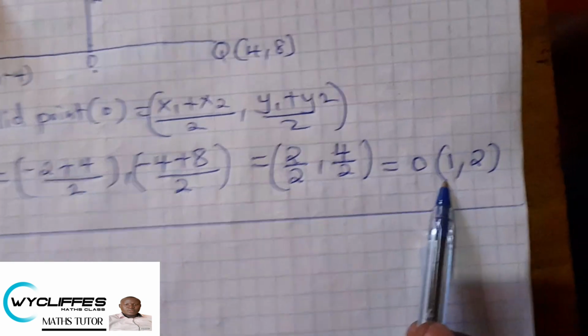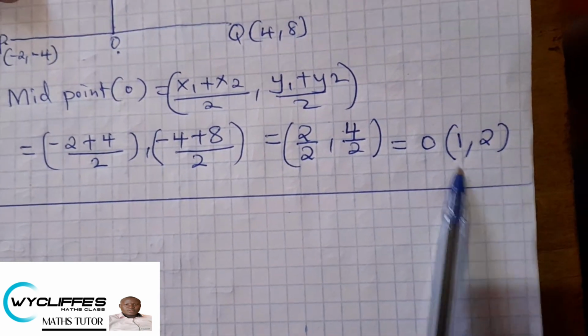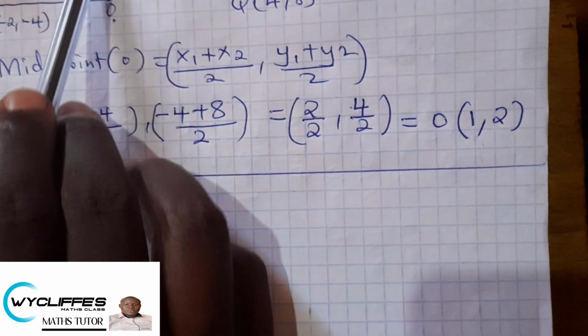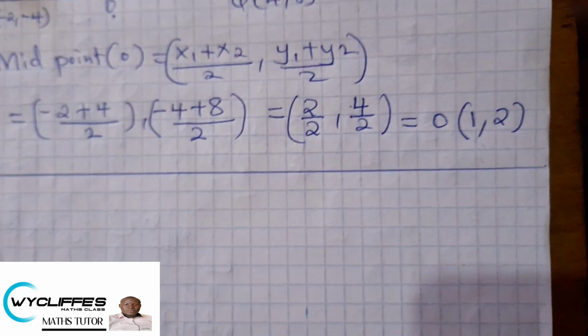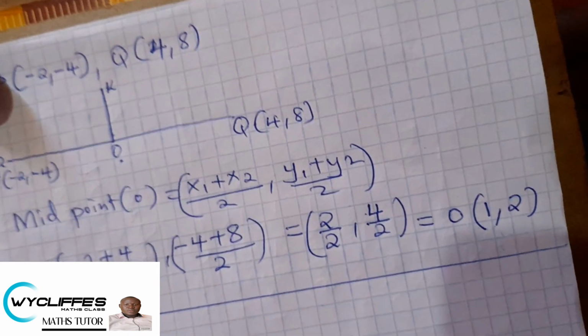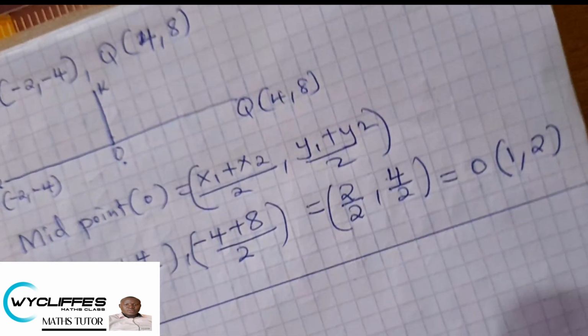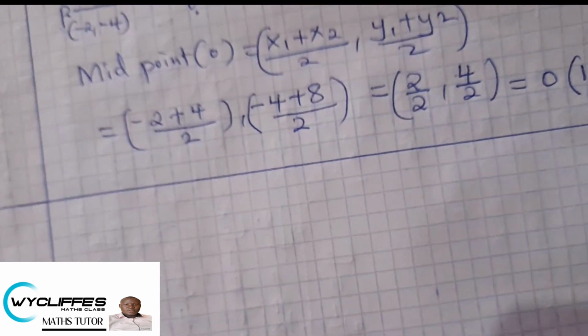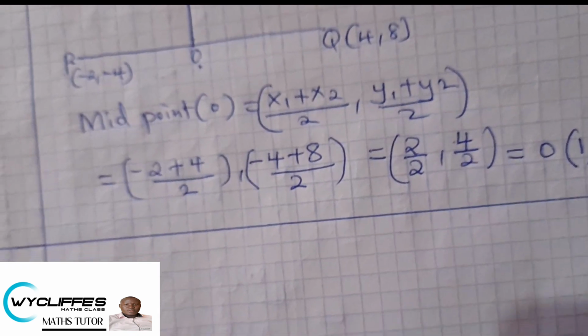Now after getting the midpoint, we are going to use it, since the midpoint is on the perpendicular bisector line, together with the slope of the line PQ to get the equation of the line.